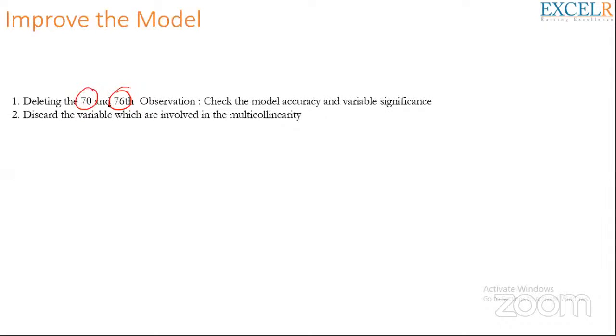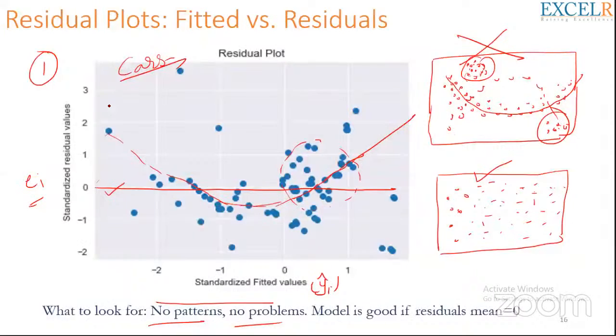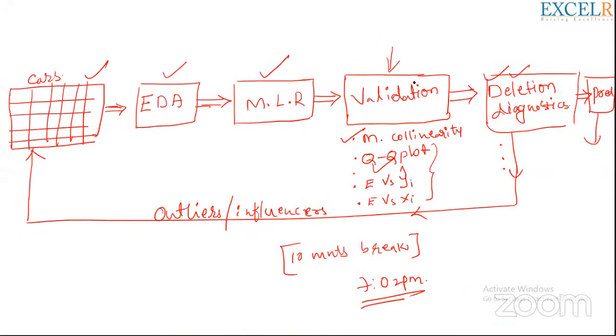So that is the complete model building process. If you go back to the model building process that we put together here, as part of the model deletion diagnostics we discussed Cook's distance and the leverage points.